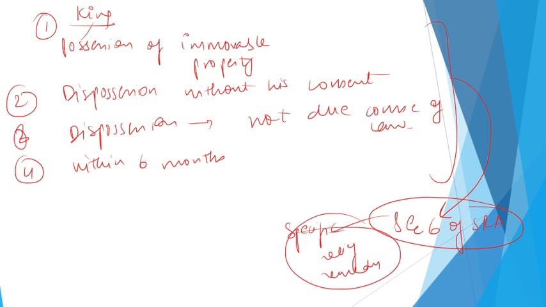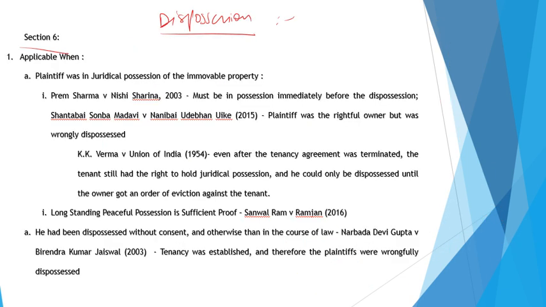Let's go on to the provisions to understand it better. Section 6 of this Act is applicable when the plaintiff was in juridical possession of the immovable property. First, understand juridical possession in detail. For Section 6, it's a prerequisite for you to have juridical possession.